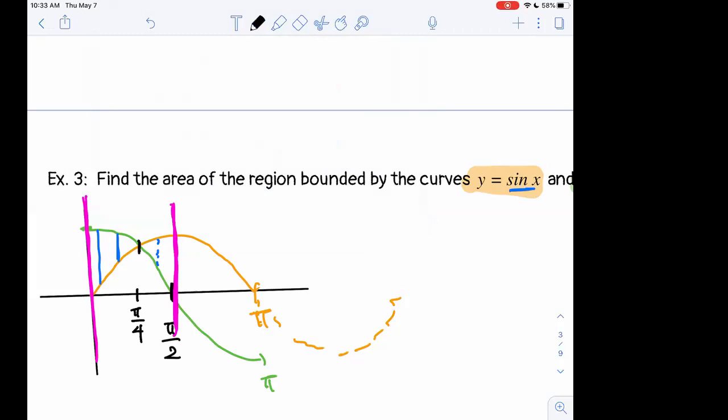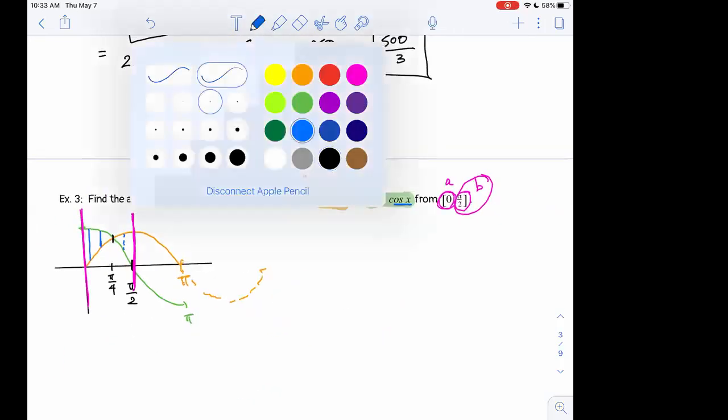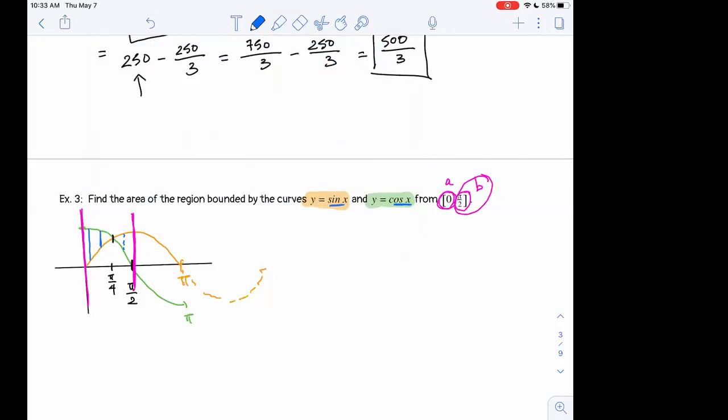Had I drawn the picture better, it might be more obvious that the area right here with the solid blue lines and the area in that second region with the dotted blue lines are symmetric, they're the same area. So from 0 to pi over 4 is going to be the same area as from pi over 4 to pi over 2.